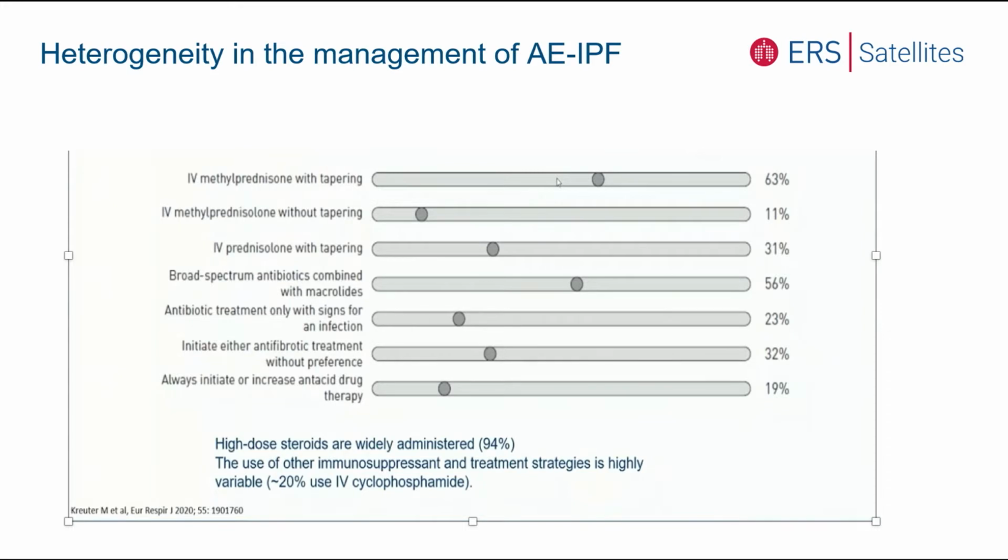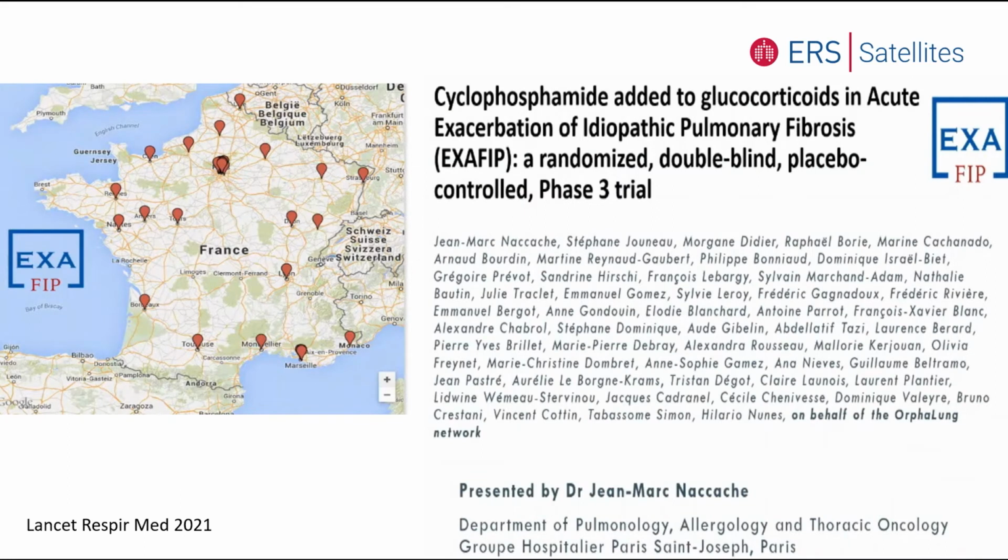In this international survey by Michael Kreuter and colleagues, it was found that more than 90% of colleagues are using high dose steroids and immunosuppressant therapy also, such as cyclophosphamide. And almost 20% use pulses of cyclophosphamide.